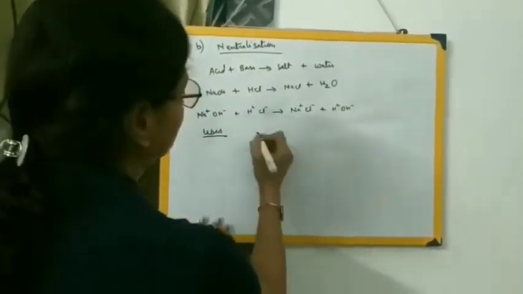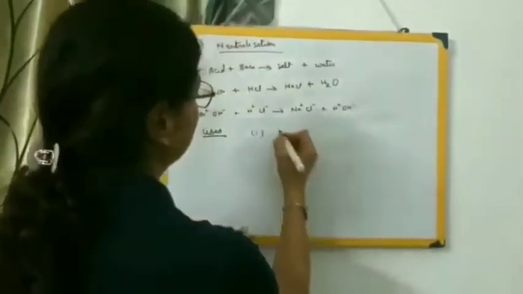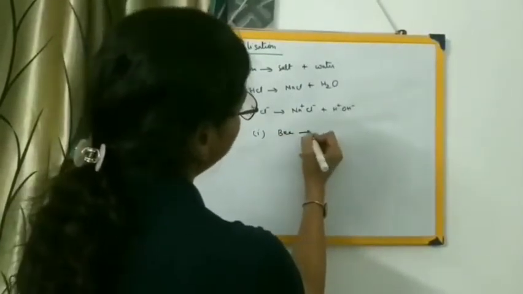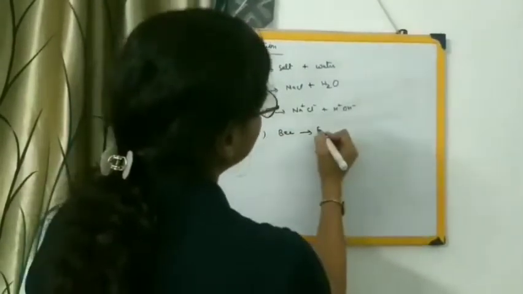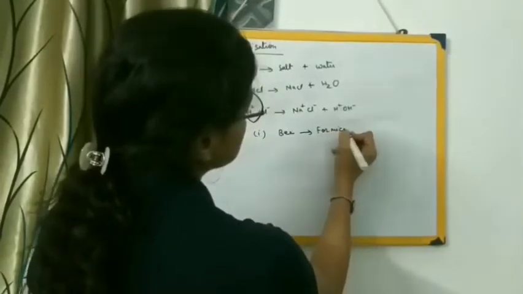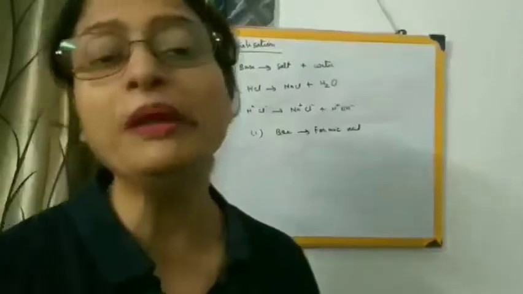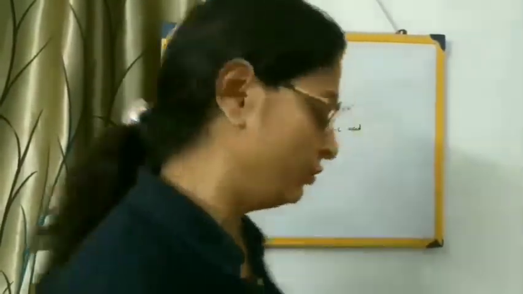Suppose we are stung by a bee. If a bee bites you, what happens? It releases formic acid onto our skin. As it releases formic acid on our skin, we suffer from some burning sensation or pain. So to get relief, what do we have to apply?